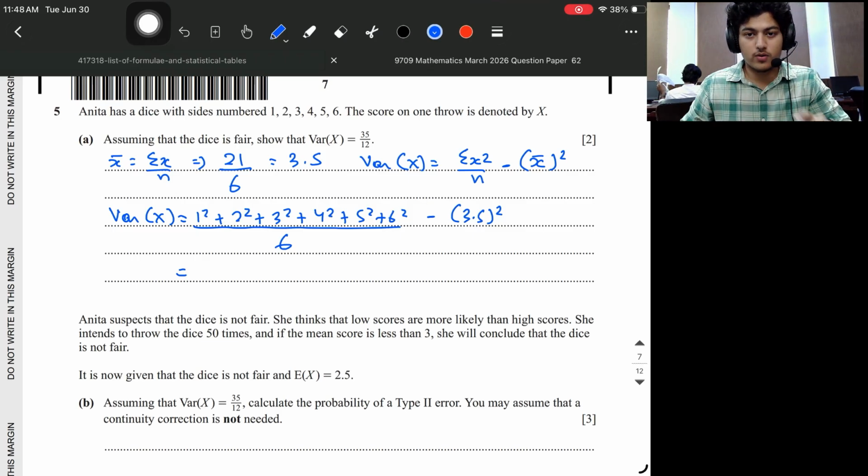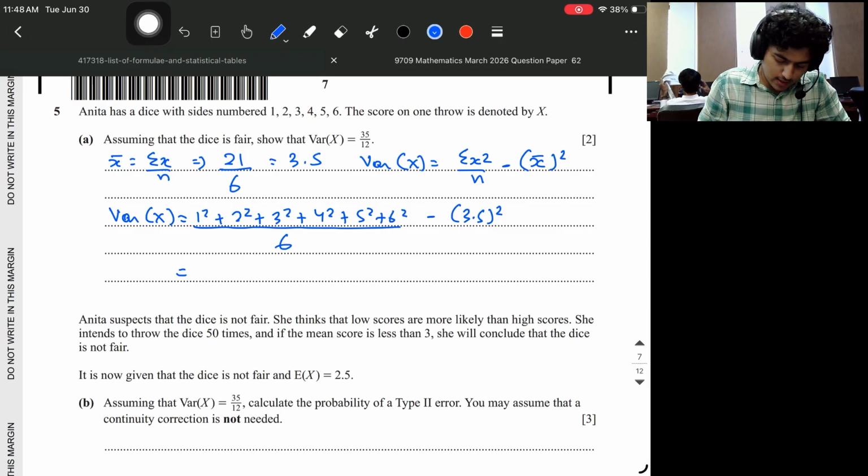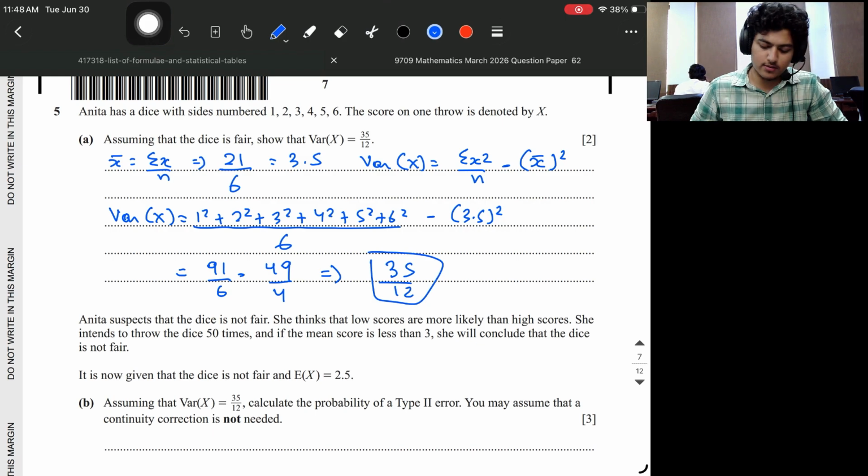Plugging all of that into the calculator, which I've already done over here, we would be getting 91 upon 6 minus 49 upon 4, and solving this further we get 35 upon 12 as our final answer.